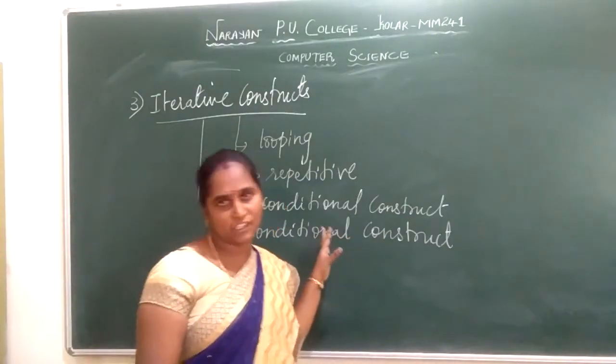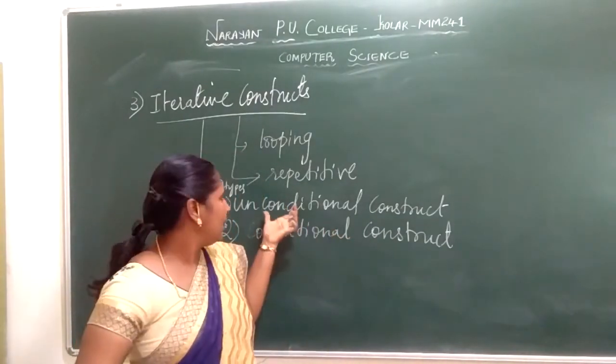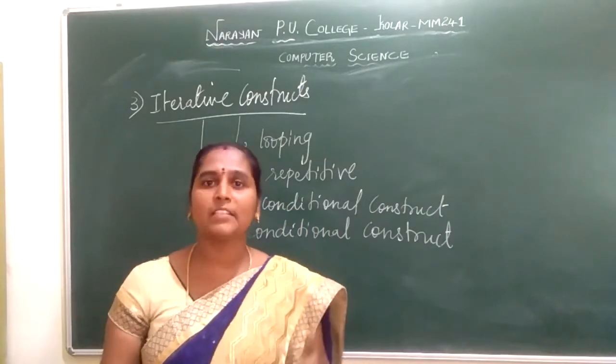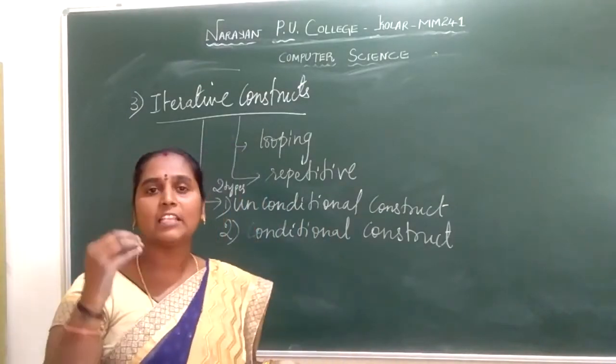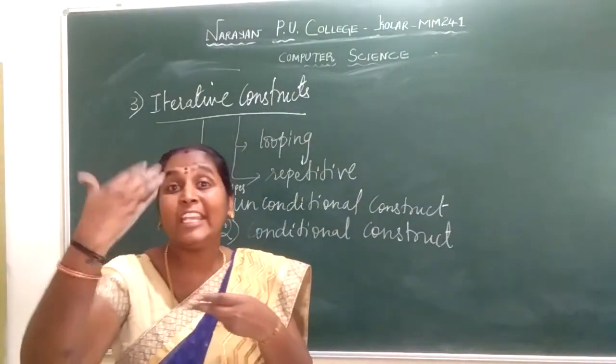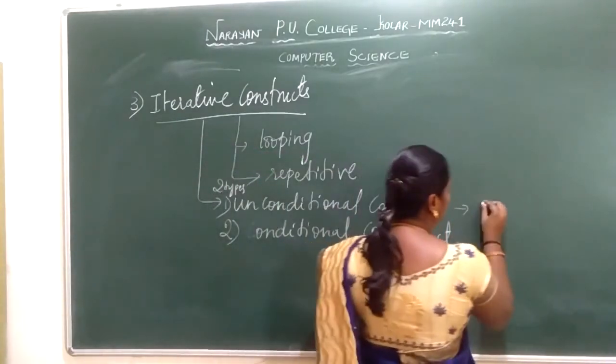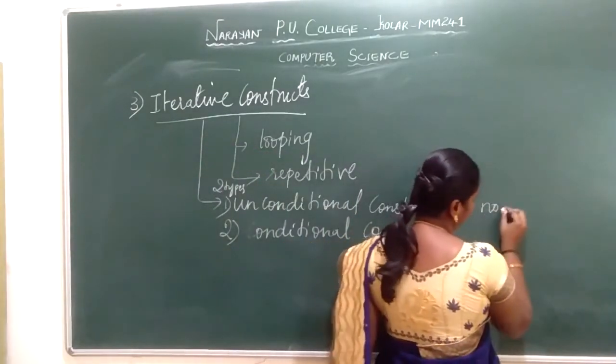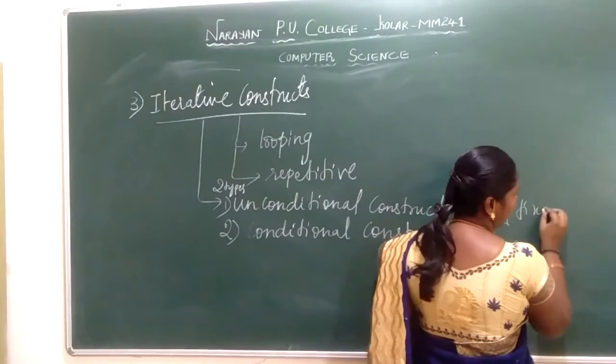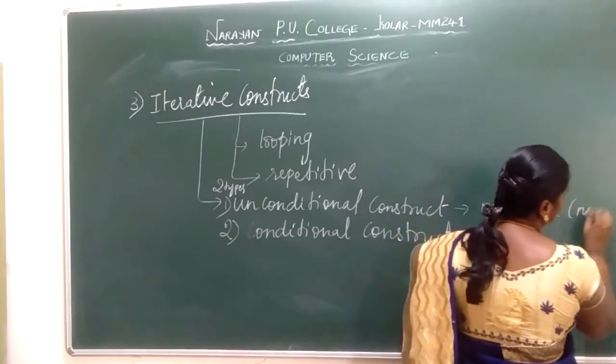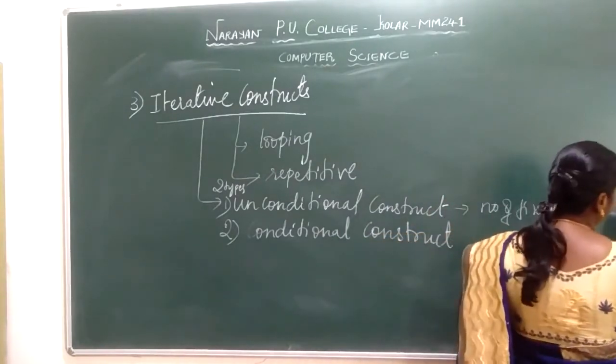What is this unconditional construct? It means you are going to repeatedly execute a set of statements until the condition is satisfied. The number of times is not known in advance.